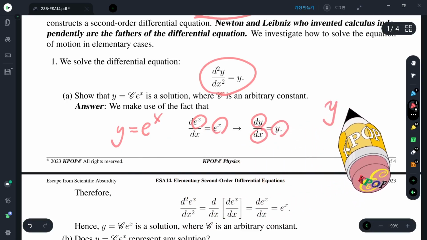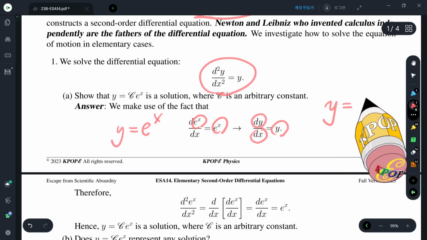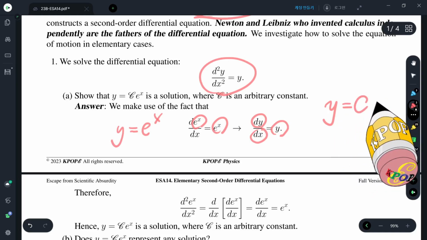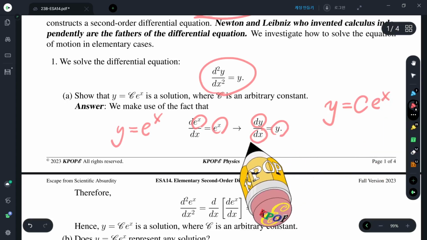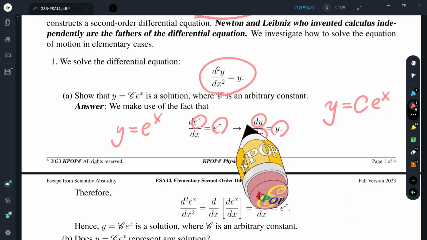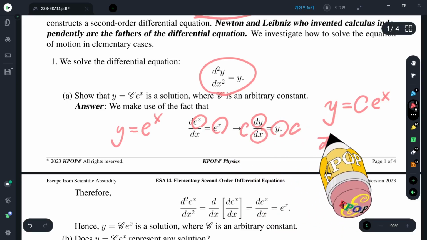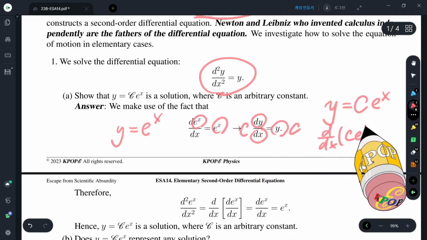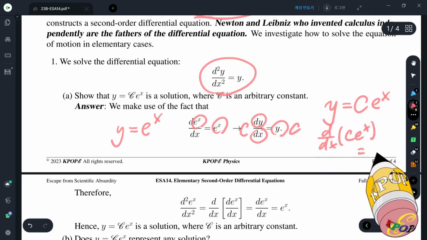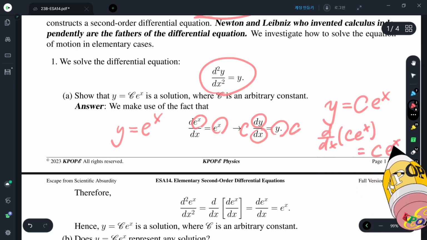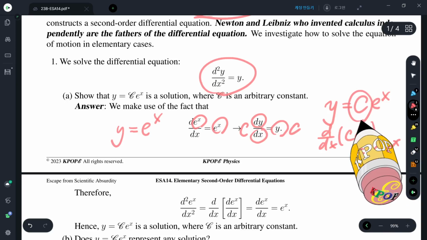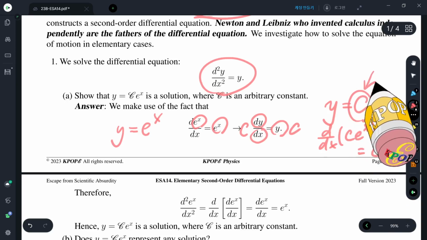So this is also true if I multiply any constant c to this function: c exponential x differentiates to c exponential x. So we have the freedom to choose the normalization factor.